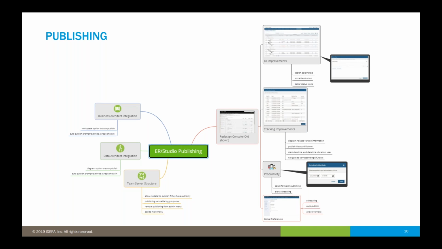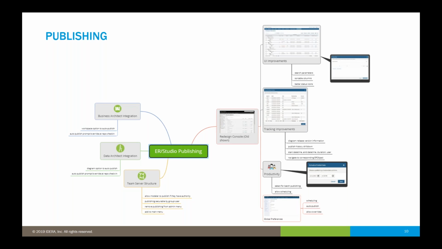It also lets you configure whether or not you want auto-publish to be allowed, and if so, whether you want to be able to override the default value for auto-publish on repository check-in from both Data Architect and Business Architect. So the changes to both those products are changes to those check-in screens that allow you to have that override prompt where necessary.